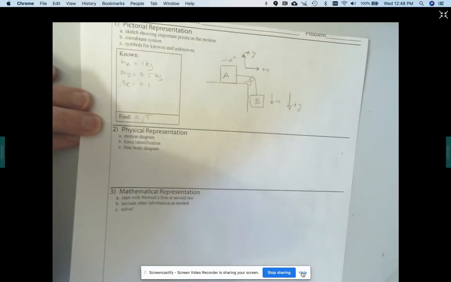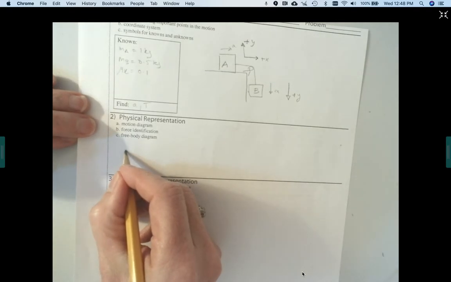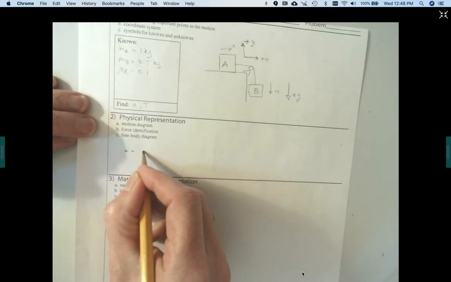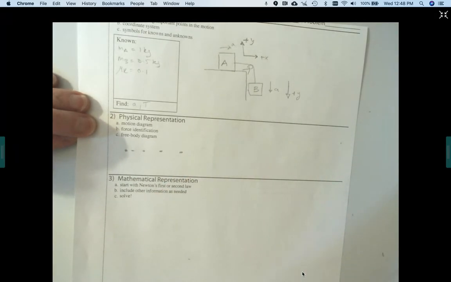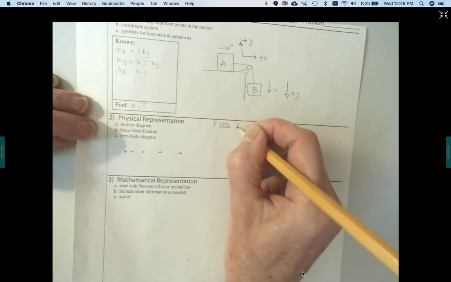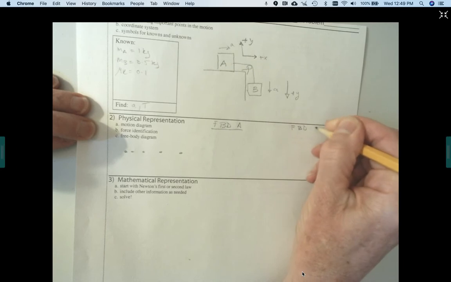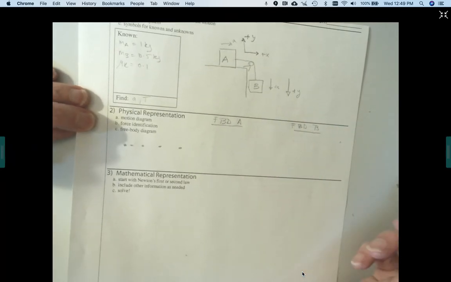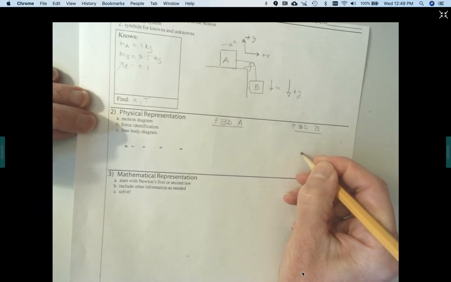Okay. And so our motion diagram is going to look like, we can just do it for A, where it's going to be accelerating, so our dots get bigger and bigger. And then we can do our free body diagram. Okay, so let's look at B first.